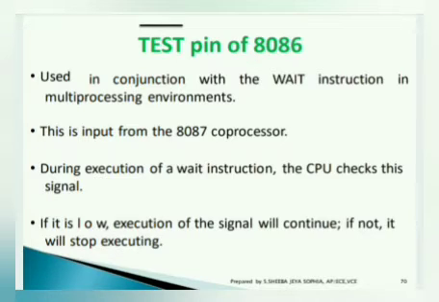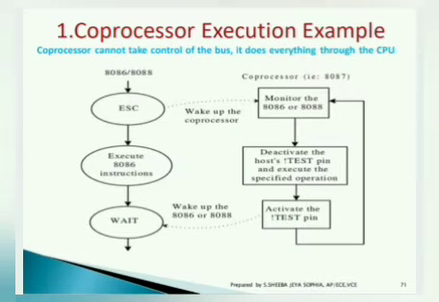So this is the use of the TEST pin available here, and you can see a coprocessor execution example. As we discussed in the previous class, ESCAPE will initiate the process of the coprocessor, then it will deactivate the host, and the TEST pin will execute the operation and produce the output. This cycle repeats until the entire set of instructions has been completed.